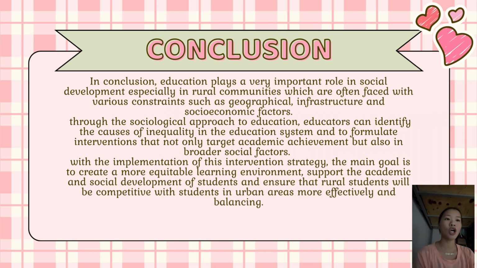Through the sociological approach to education, educators can identify the causes of inequality in the education system and formulate interventions that target not only academic achievement but also broader social factors.